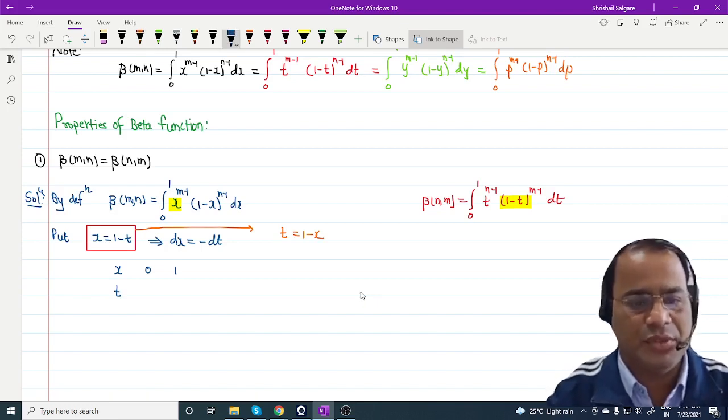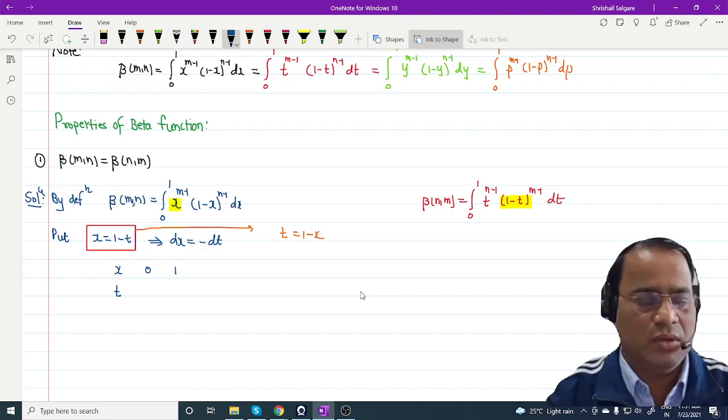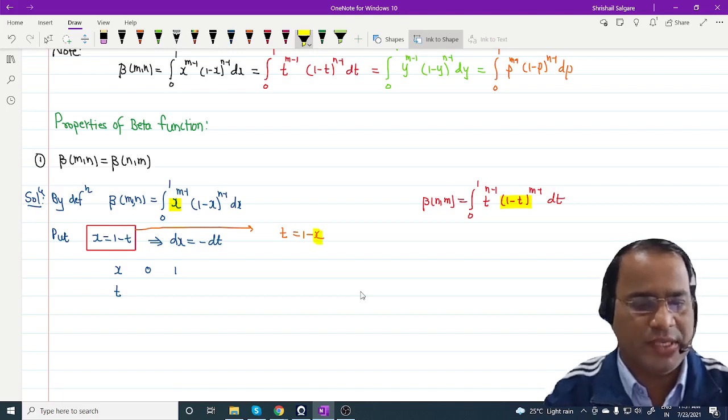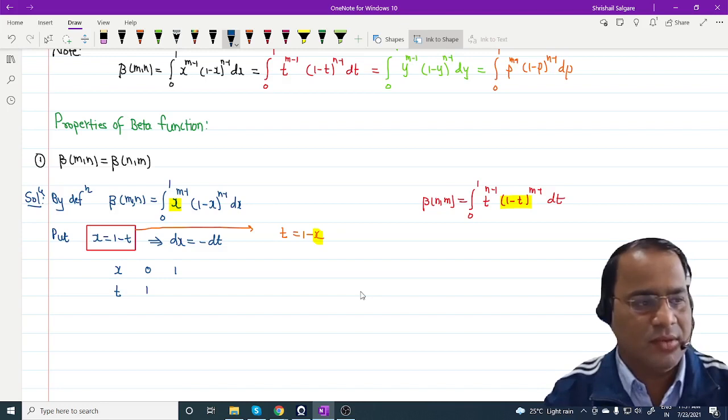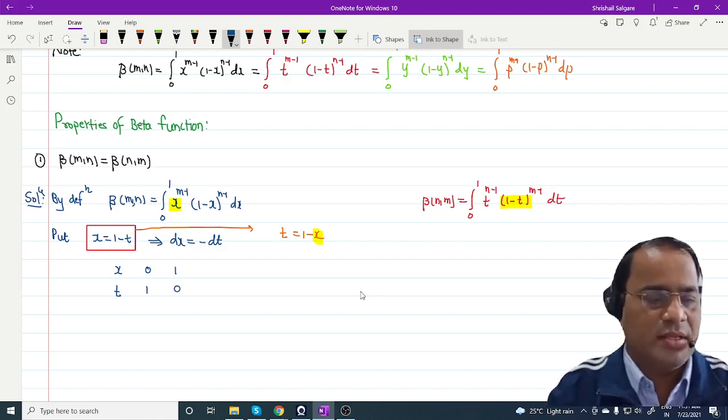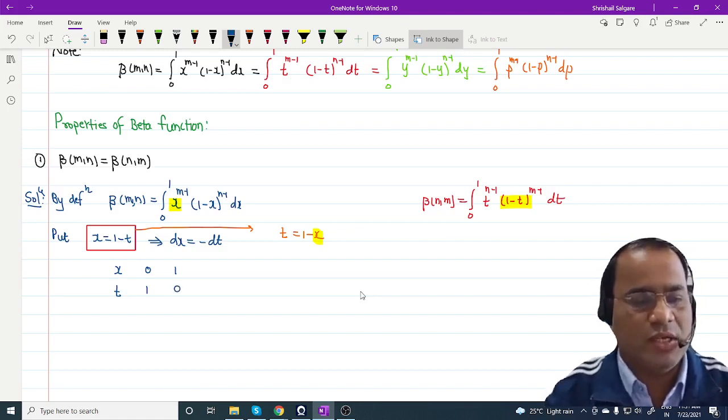Now substitute x is equal to 0, then what is t? 1. Yes, it's 1. I think some students are sleeping because of the rainy season. If x is equal to 1, what is t? 0. So the new limits for the integral are 1 to 0.